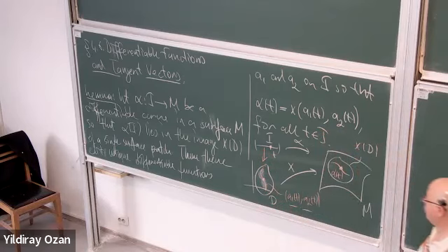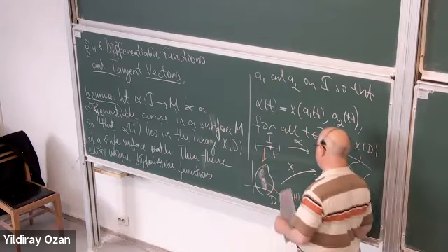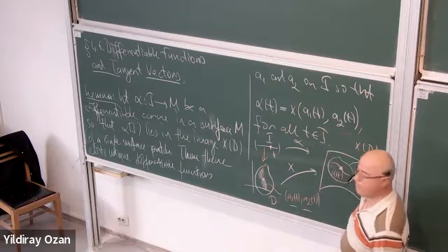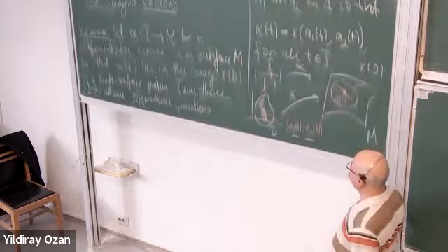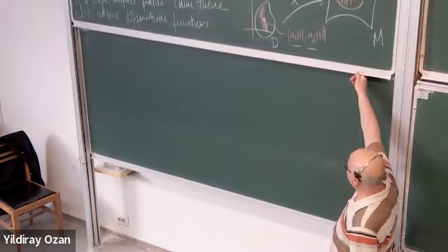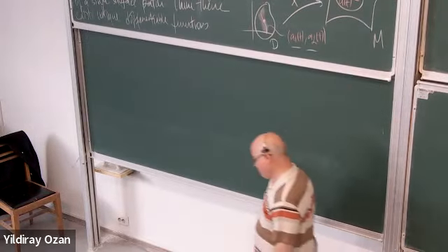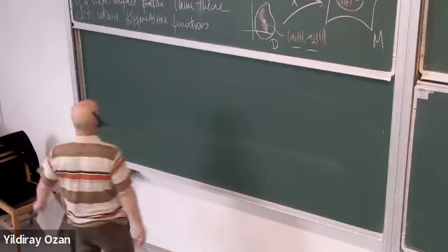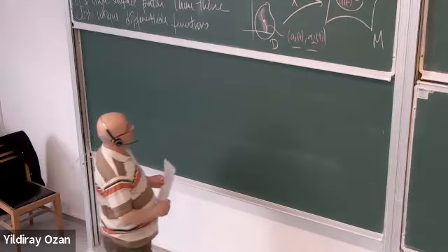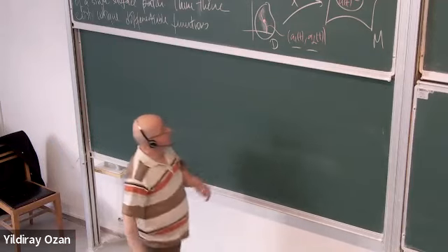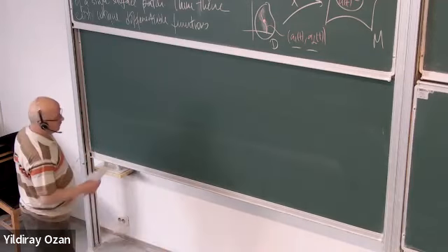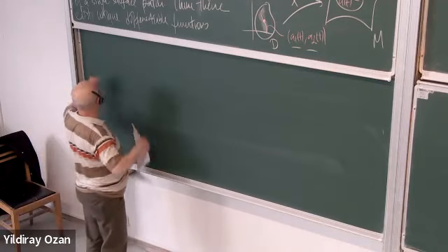We know that x is a homeomorphism, but it's not a diffeomorphism. Well, it can't be a diffeomorphism to R3; to the surface, it can be a diffeomorphism. Okay, let's talk about the proof.